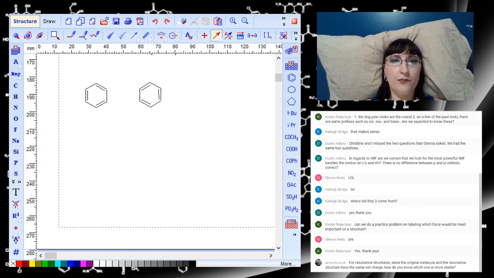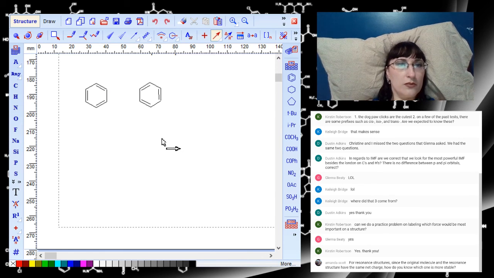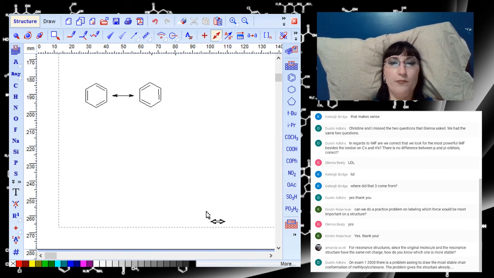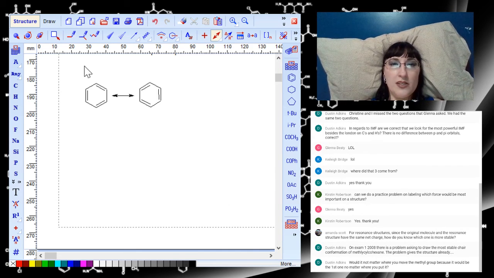Try that again. This technology is really cool, but it is not perfect. It's supposed to be double-sided. There we go. Okay. So if I have something like this, these two are both equally as stable as each other.